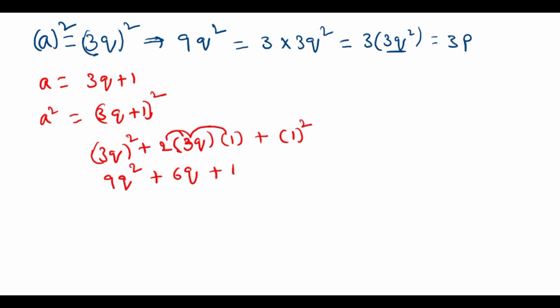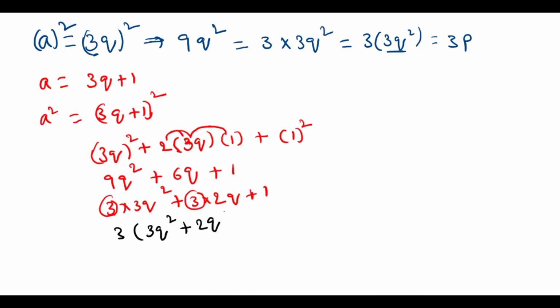So how to write this one? Just write 3 into 3q square, and this 6q we write 3 into 2q, plus 1. Taking 3 common, we have 3q square plus 2q plus 1. Since p equals 3q square plus 2q, instead of this we write 3p plus 1, right?